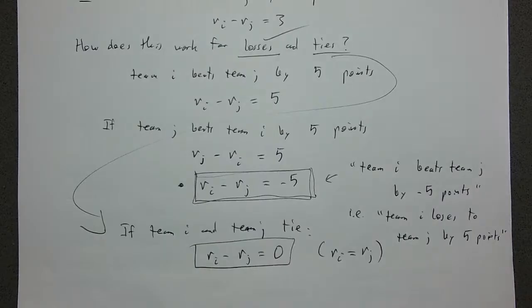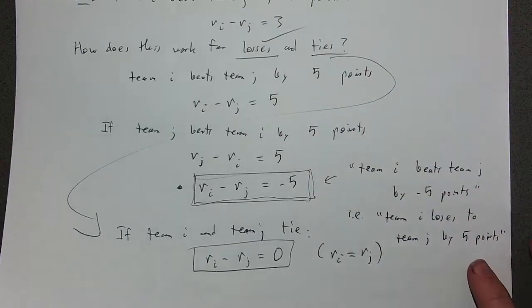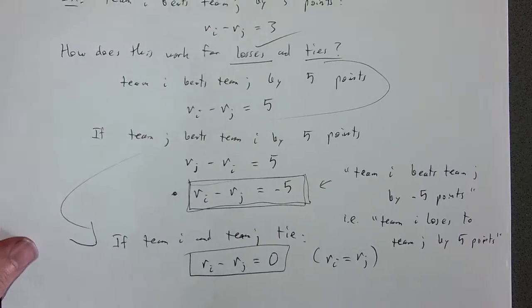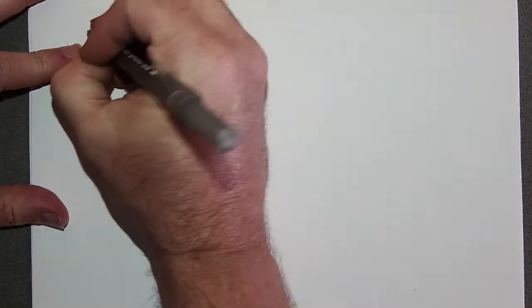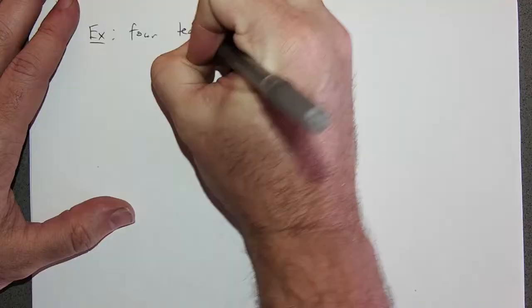Okay. So how do I want to treat this? Knowing this, I now want to set up an example and ask about a ranking of some teams. So here's a big example that we'll spend a good amount of time on. Let's say we have 4 teams: team 1, 2, 3, and 4.